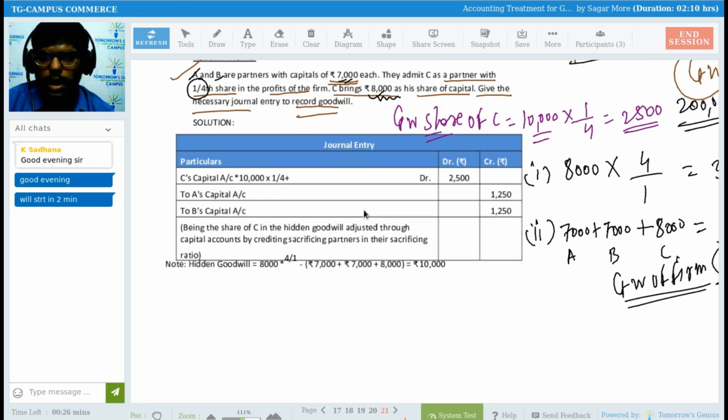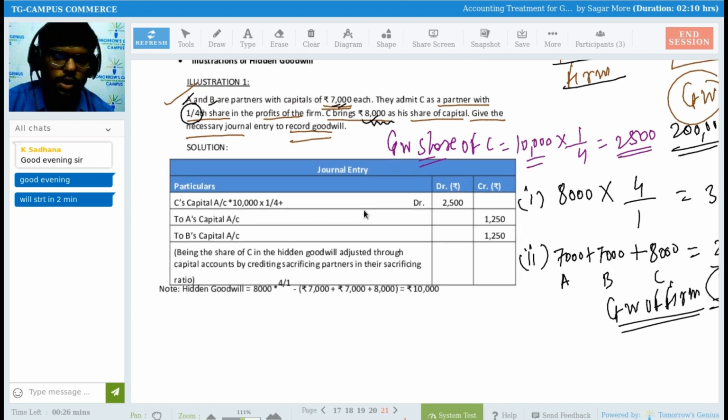So once you know the answer 2,500, now you can pass the journal entry. Which entry do we have to pass? Did C bring goodwill into the business? Yes or no?